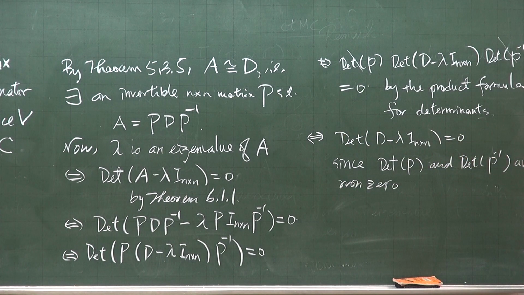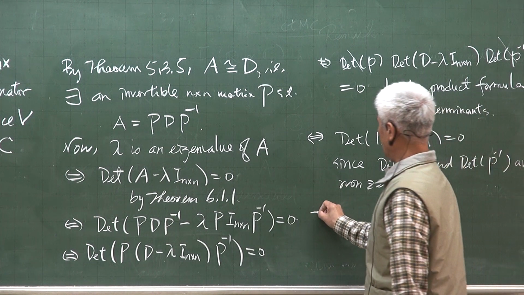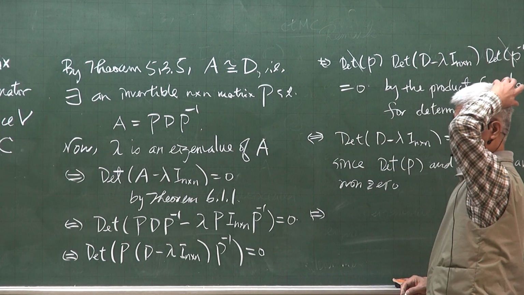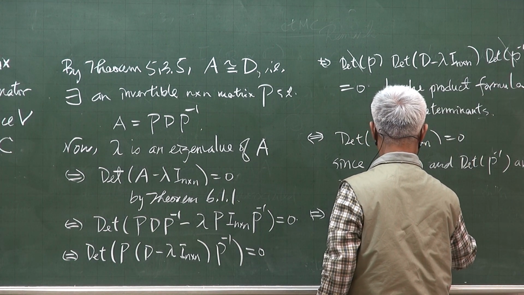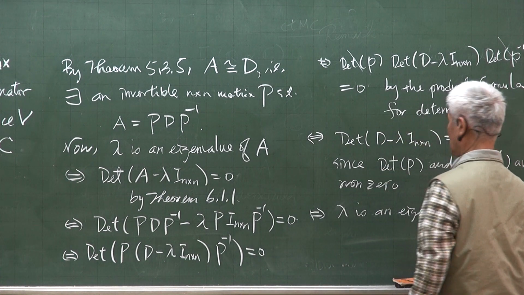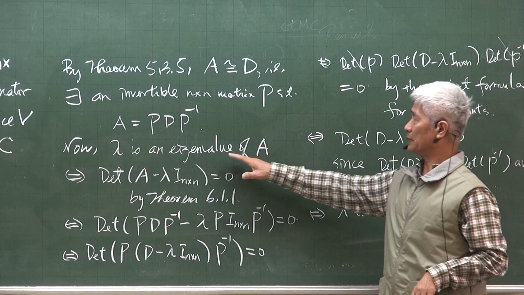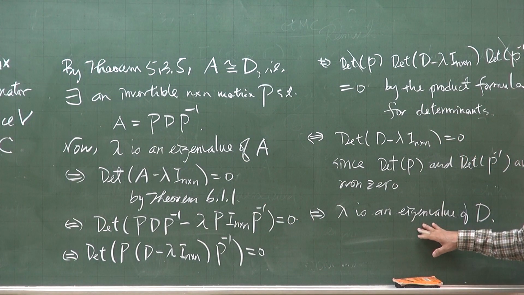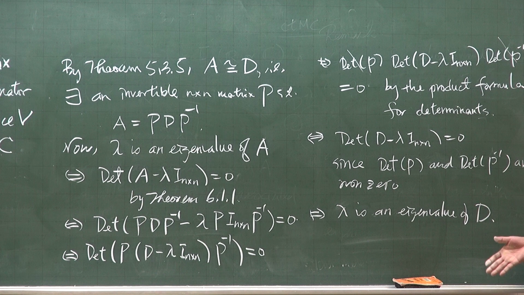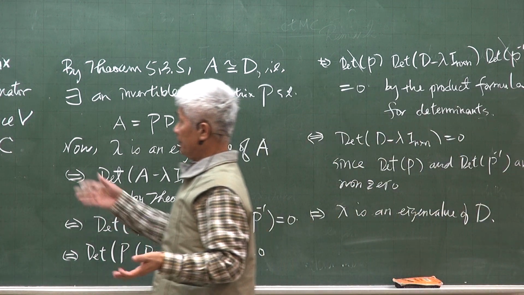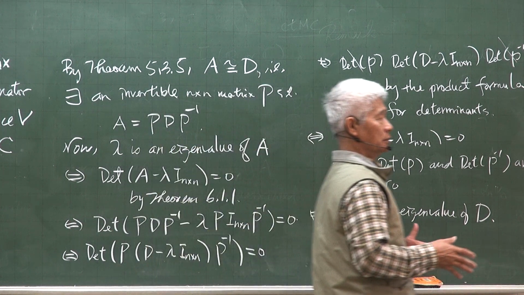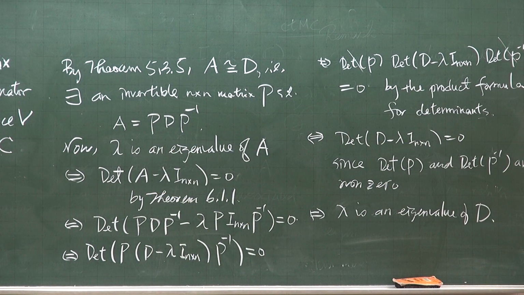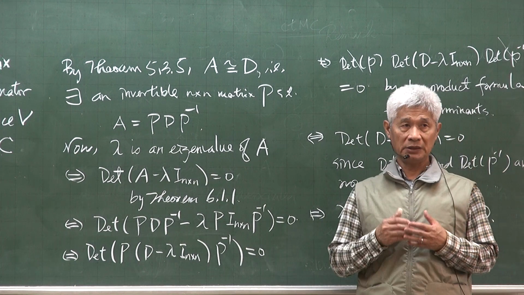So we have the determinant of D minus lambda I equals 0, since the determinant of P is non-zero. Okay, and again, by theorem 6.1.1, lambda is an eigenvalue of D. So when lambda is an eigenvalue of A, then lambda is also an eigenvalue of D. That means that if we use different matrix representations, the eigenvalues computed will be the same no matter which matrix representation is used.